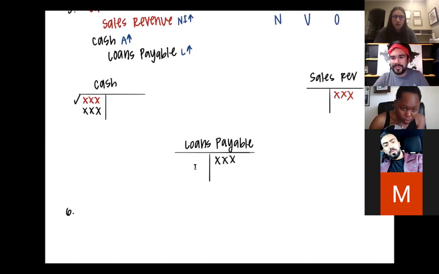So first think, did they make any journal entry that was incorrect, or did they just omit something? They omitted something. Okay, so what did they not do? Depreciation expense. So tell me what to debit and tell me what to credit.